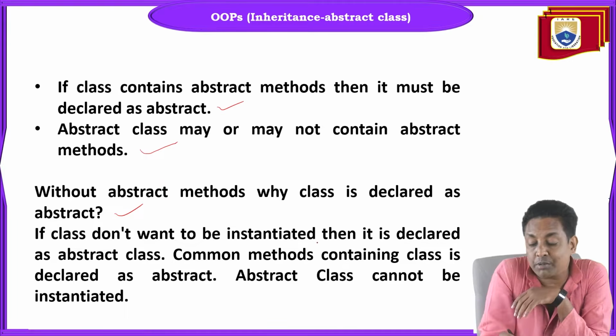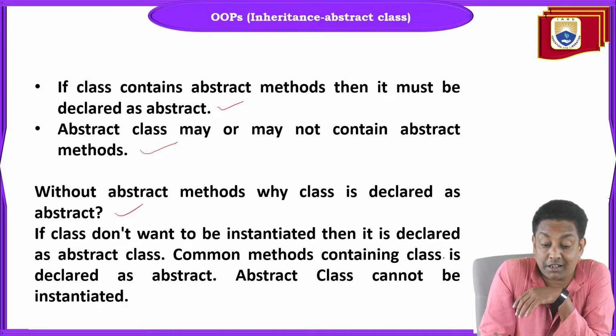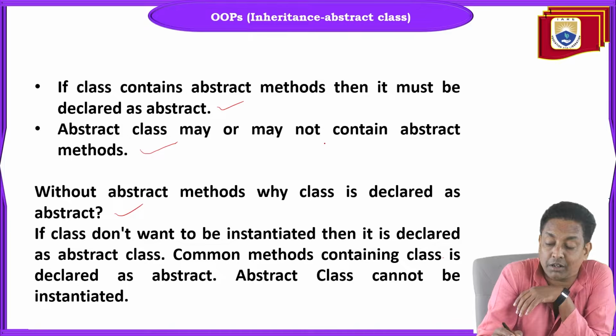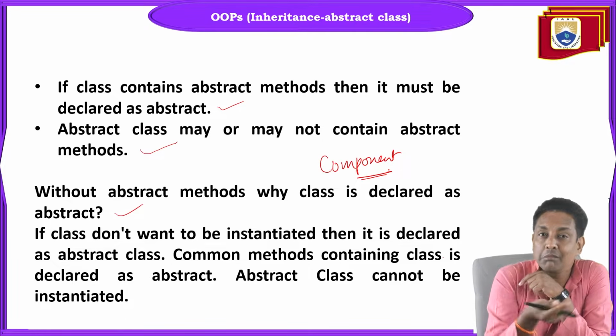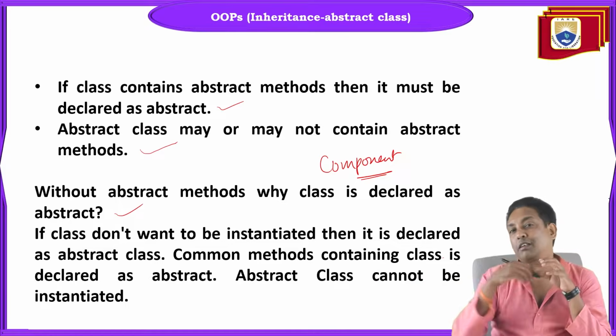If a class does not want to be instantiated, then it is declared as an abstract class. A class containing common methods is declared as abstract. For example, the Component class in AWT programming. There is no UI for the Component class, but it provides common methods to all the components.